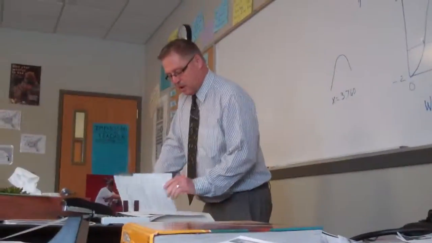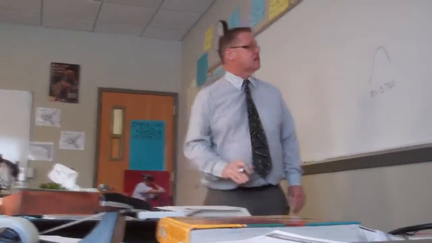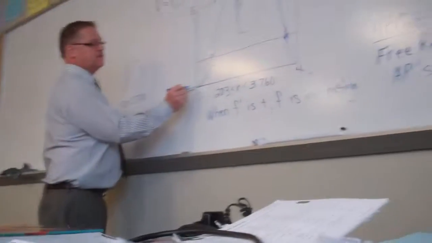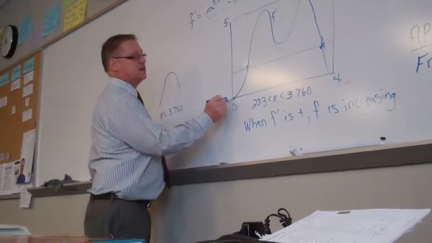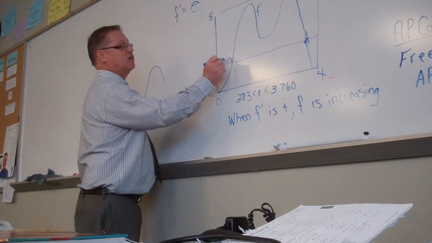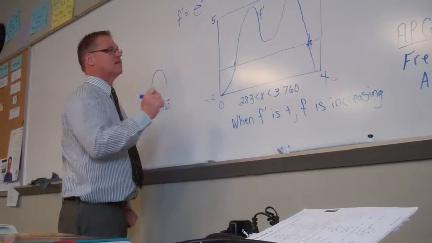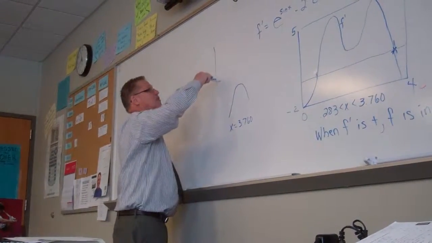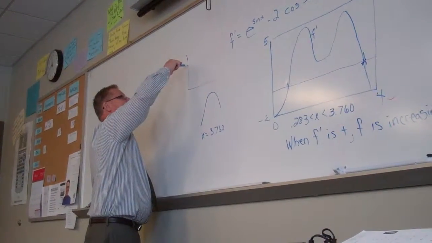Nice, good call. There's another max over at the left end, because if the slope was negative and it turned positive, that means the graph of the original went like this.